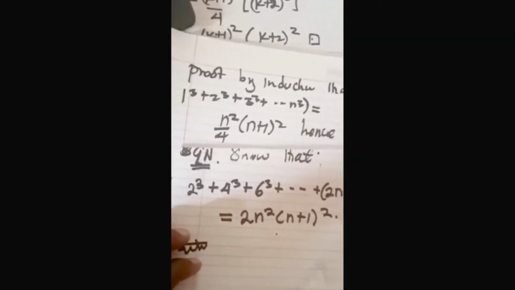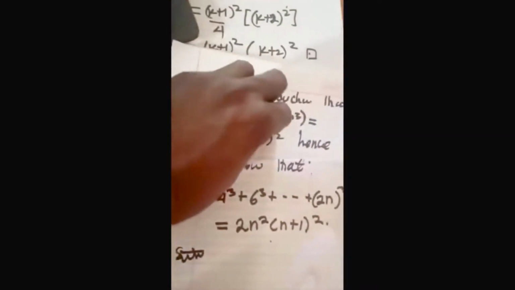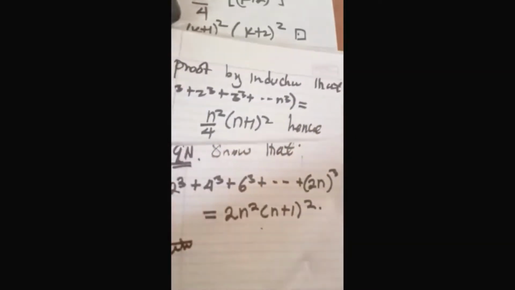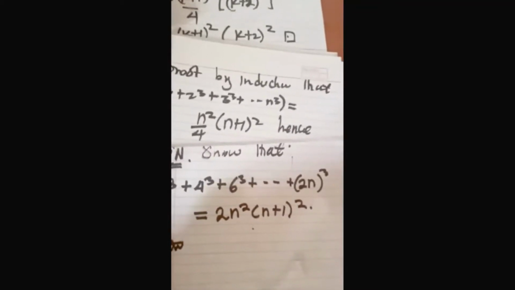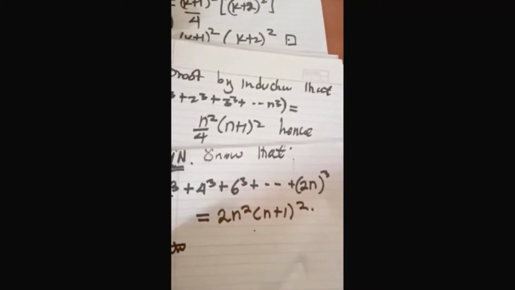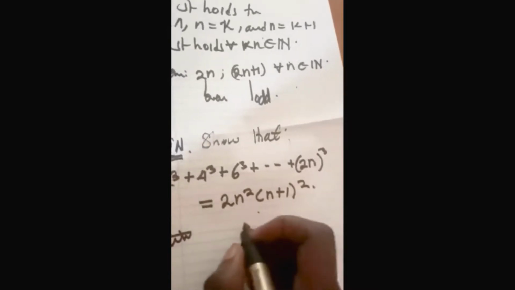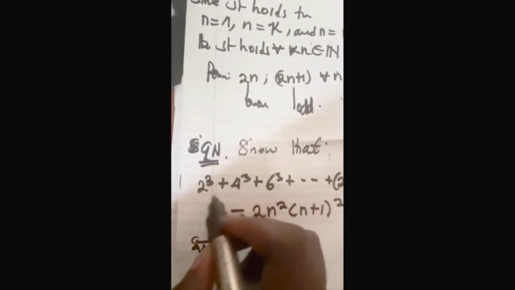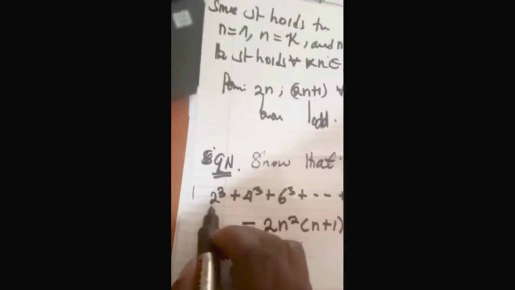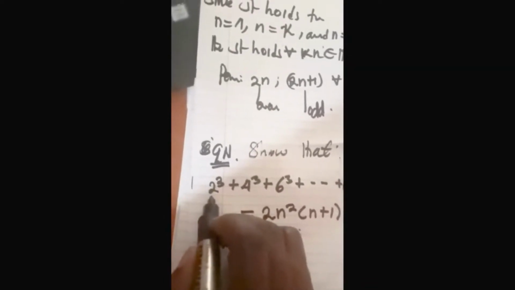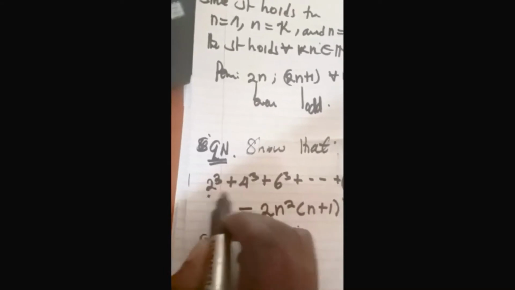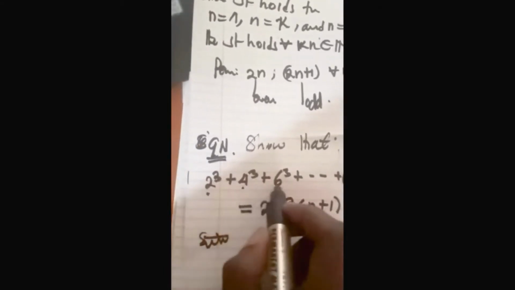And because we have already done this part, let's just go to this other one, and let me show you how to do it. I think the easiest way to do it is this. You see that this is moving from 2, which is even, to 4, which is even, to 6, which is even.